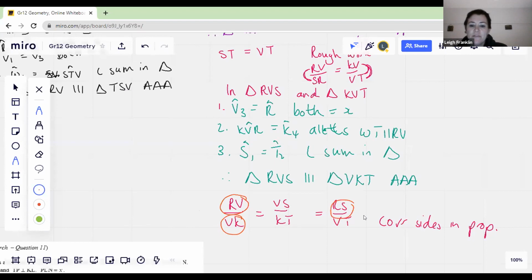Okay, and then if you remember, VT was equal to ST. So it is actually this one over here. So RV over VK equals RS over VT, but ST equals VT. So therefore, RV over VK equals RS over ST.